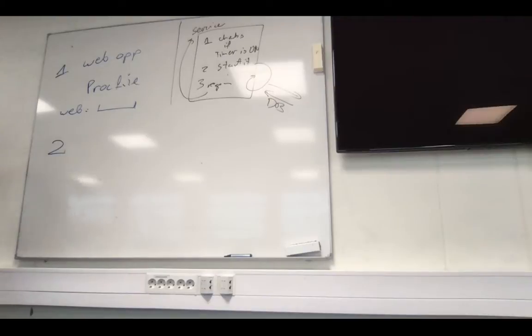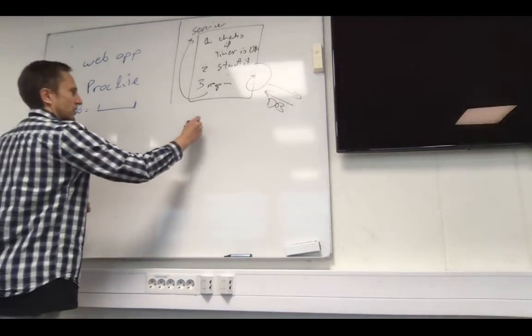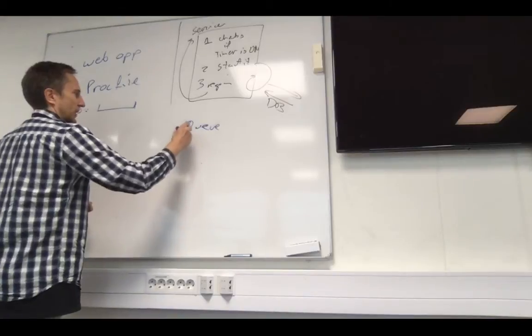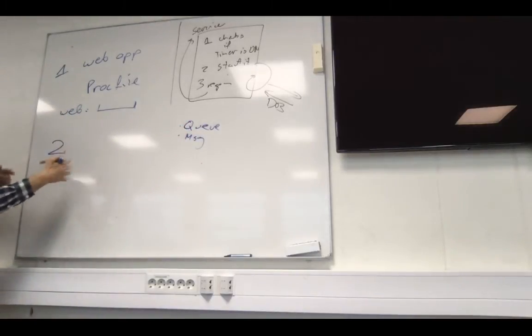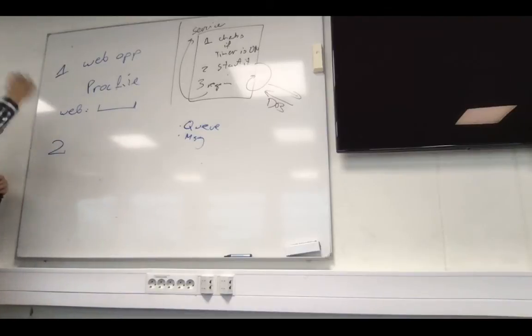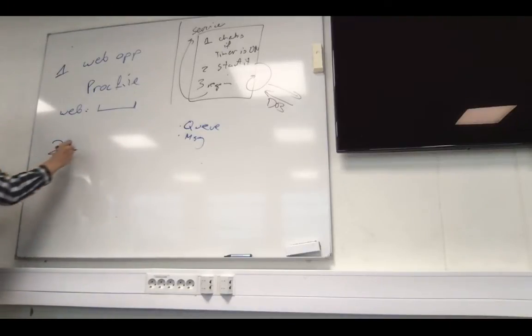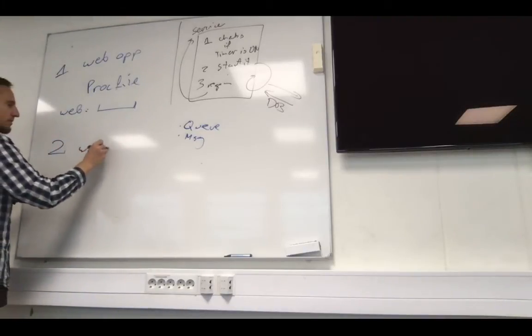You need some sort of process that happens for an extended period of time in the background, which is triggered by either a queue or a message, and it works in the background. It doesn't respond directly to HTTP requests, and that's called a worker, right?